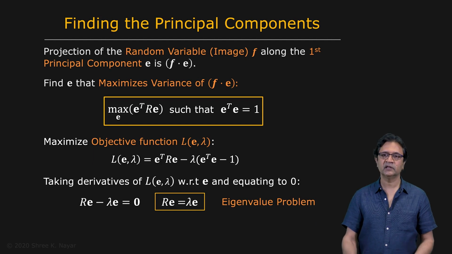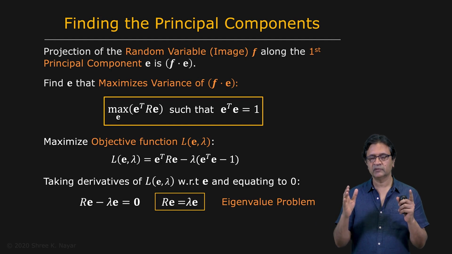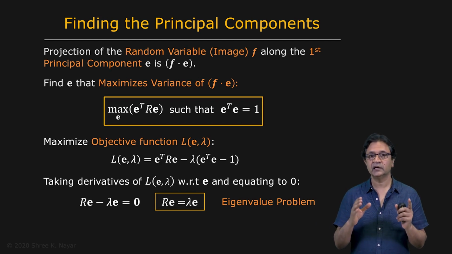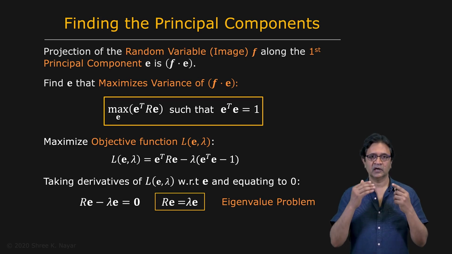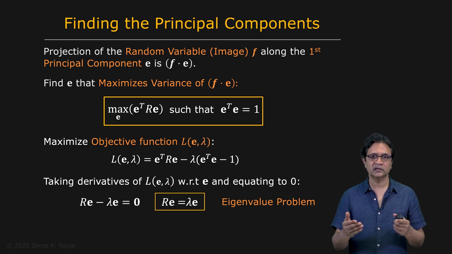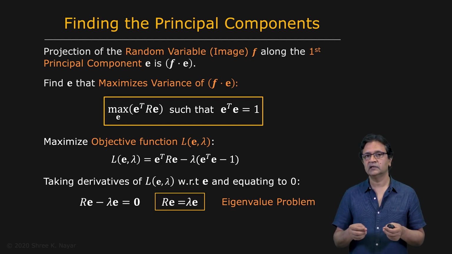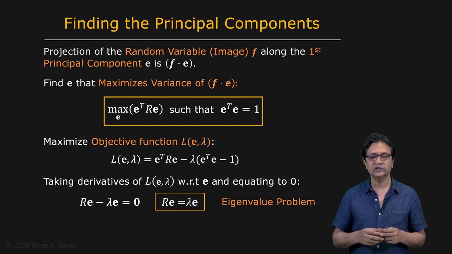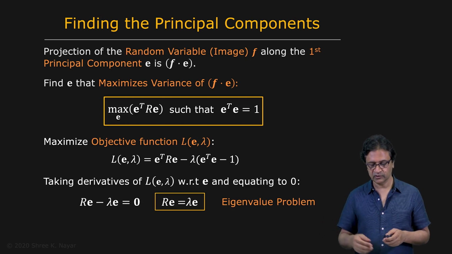So what this is saying is that if you're able to compute this covariance matrix from a set of images, then you simply find the eigenvalues and eigenvectors of the covariance matrix, and the eigenvector corresponding to the largest eigenvalue is the e that we are trying to find here, as it maximizes the variance of f dot e. In fact, the eigenvector corresponding to the second largest eigenvalue is e2, which is the direction along which you have the second maximum variance in f dot e, and so on.